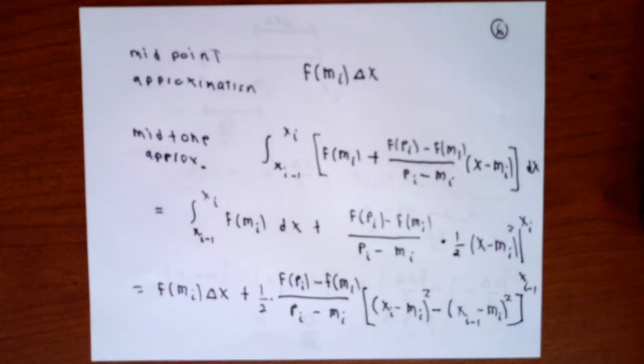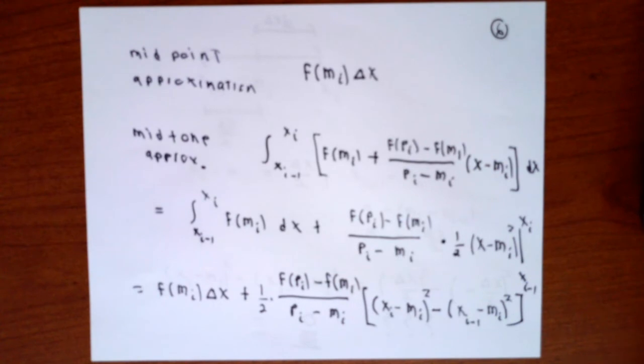The midpoint approximation to the integral on this one particular subinterval is f evaluated at the midpoint of that subinterval times delta x. What about this midpoint plus another point? We have to do some calculations here. At the moment, I'm not worried about the error in this.